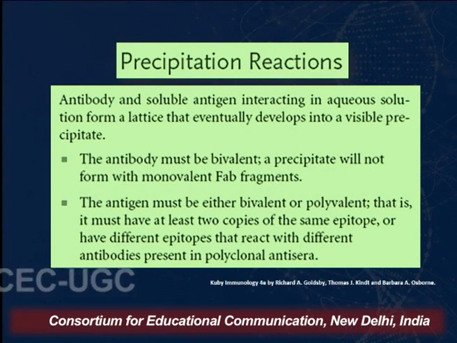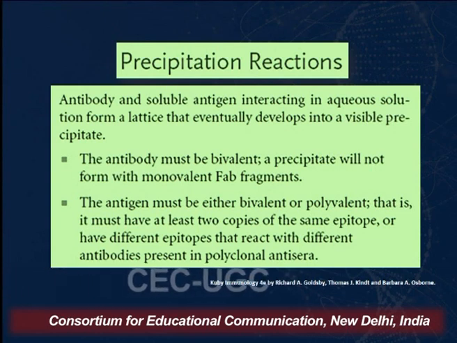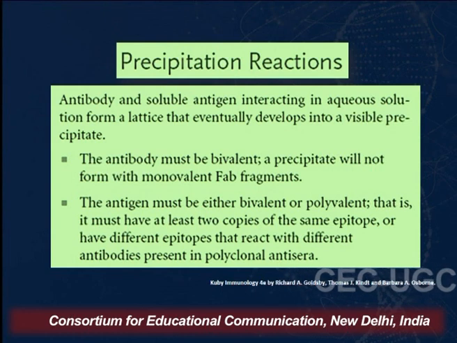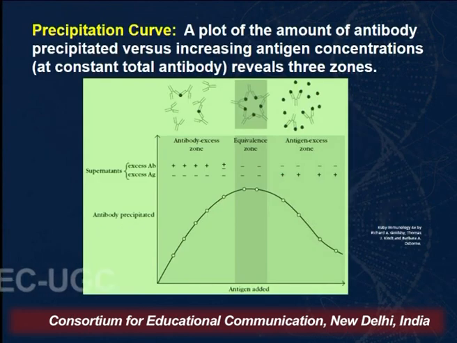Now, the antibody which is bivalent will not form a precipitation with the monovalent Fab fragment. The Fab fragment is the fragment present at the amino terminal end of the antibody, which is specific to a particular antigen. With the help of this, a precipitation curve is formed. The first part of the curve is where the antibody number is higher than the antigen.